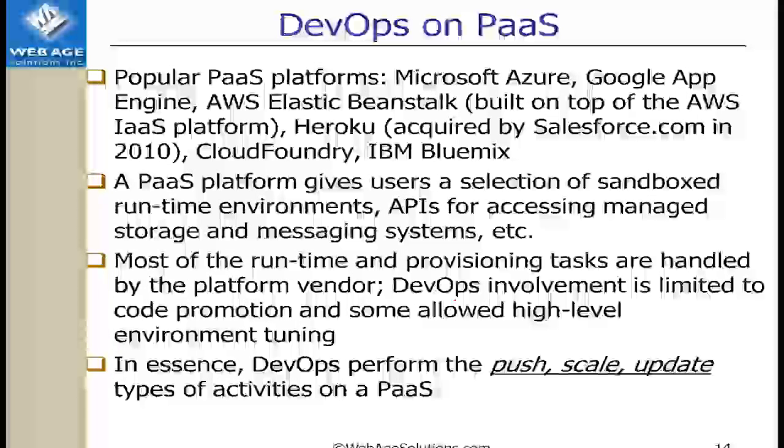And all those things are sandboxed. It gives you a runtime environment which is very limited in what you can really do, like in terms of maybe spawning a new thread of execution, or maybe performing a particular input-output call, which would be blocked because you wouldn't be allowed to interact with the underlying operating system file system.